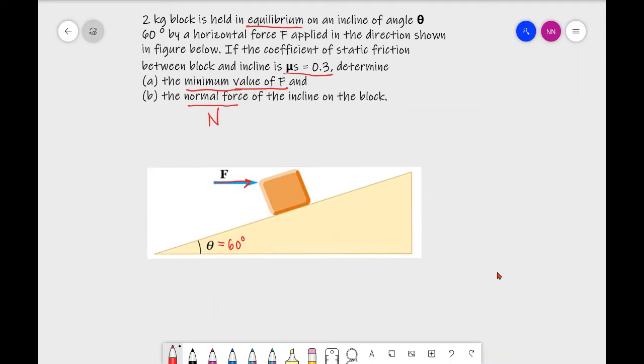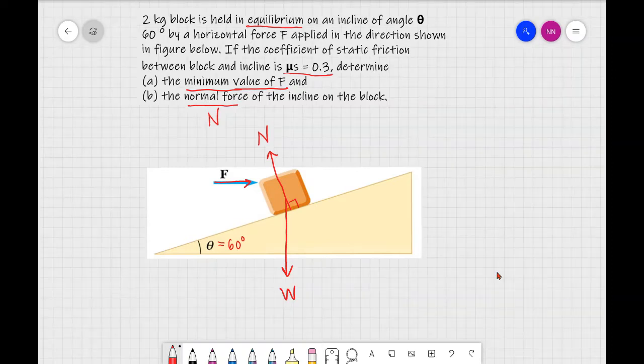The block has weight, directed vertically downward, and then it has the normal force at 90 degrees to the inclined plane, and then F. We can transfer F to here.